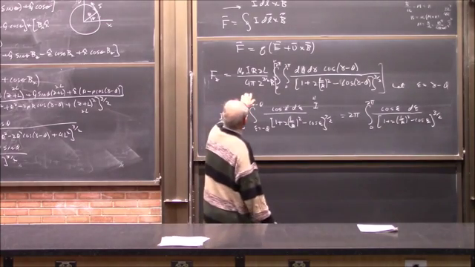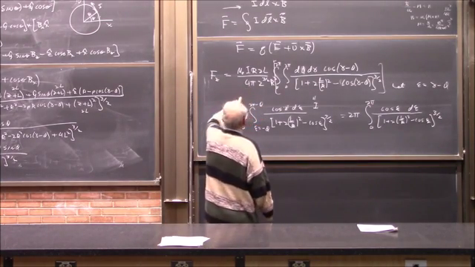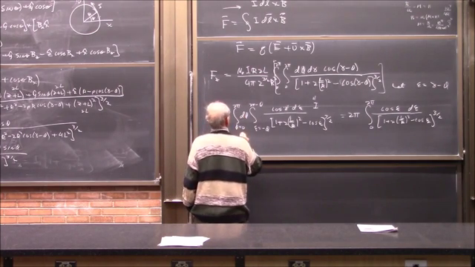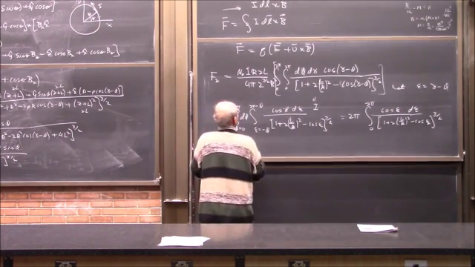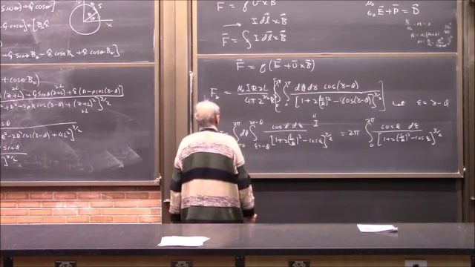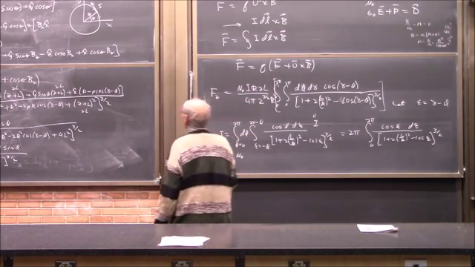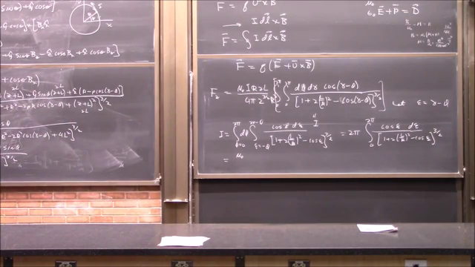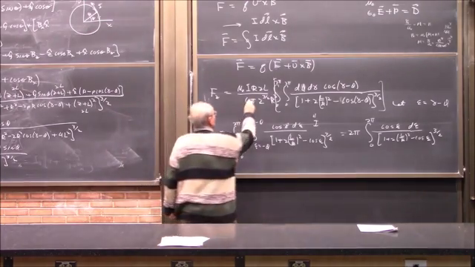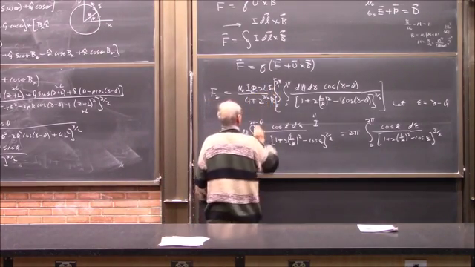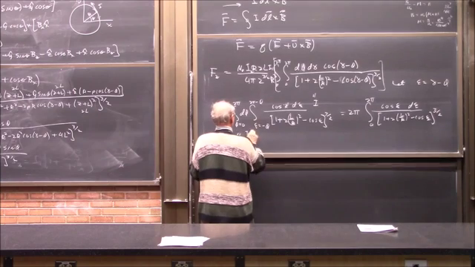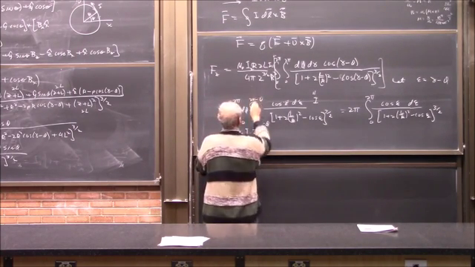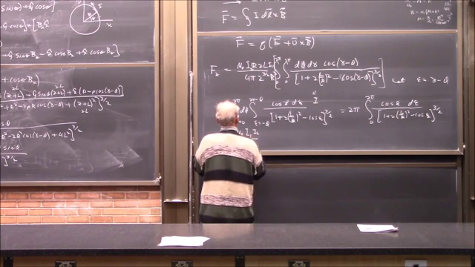So putting that in for this, the 2 pi times the 2 cancels the 4 pi. And we have mu 0 times I1, I2. Now here we have 2 to the 3 halves.